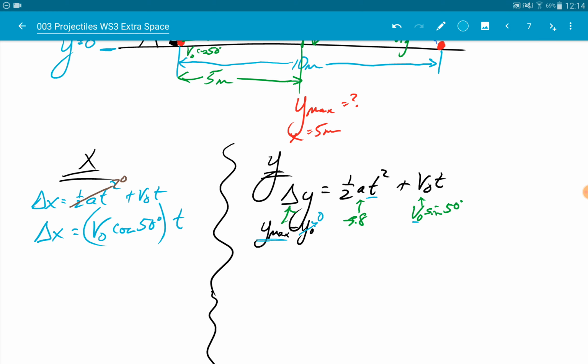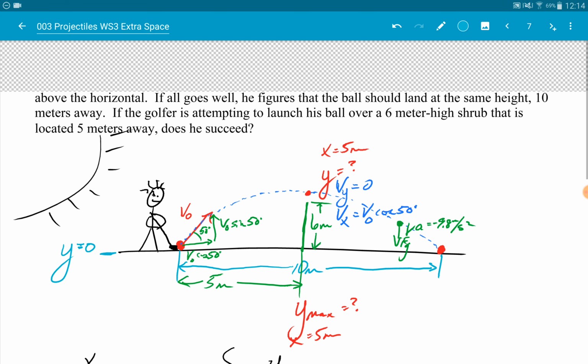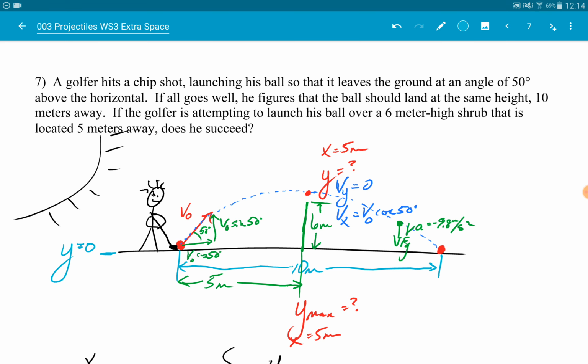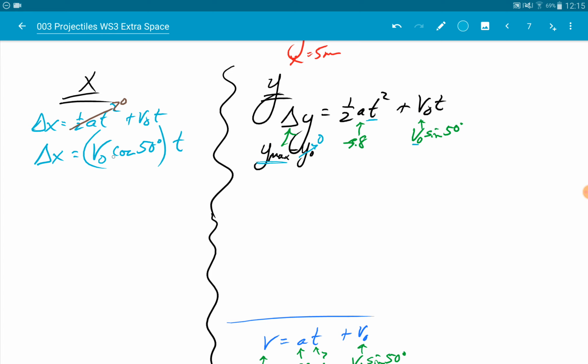Okay, great. So now do I know anything? Let's go up and see if it gives me any given values, any initial conditions here. And it says that it should land 10 meters away. Okay, so whatever speed they hit it at, it should land 10 meters away, meaning that 10 meters should be equal to v naught cosine of 50 degrees multiplied by that time.